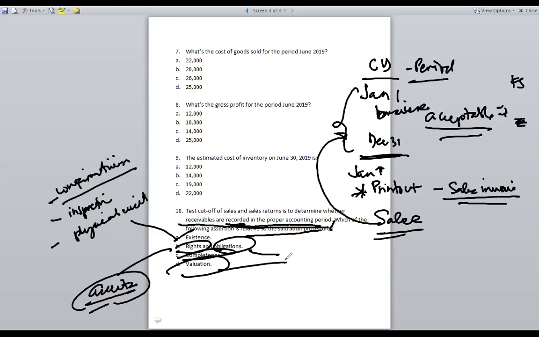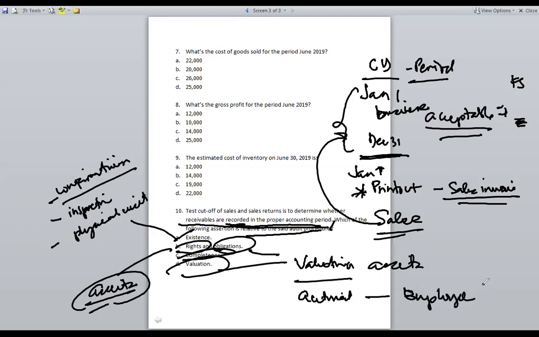That's why meron tayong accounting standards na we are following as an accountant. Okay? And then meron din tinatawag na valuation, which is a valuation of the assets. It could be the assets, actuarial valuation of employee benefits. Diba, guys? So these are just some kind of explanation for you guys on kind of assertions.